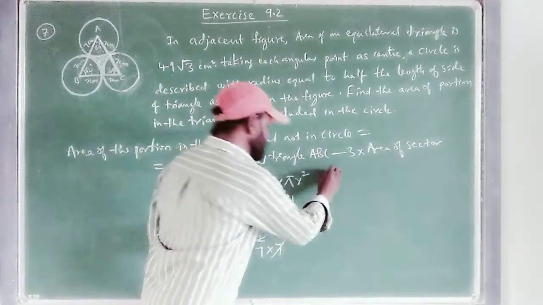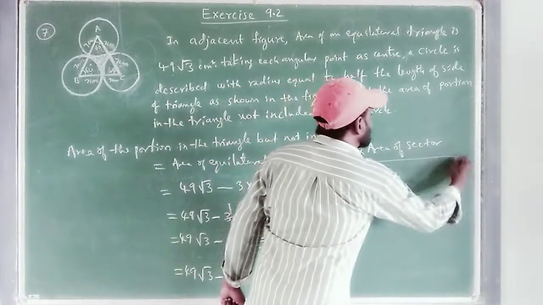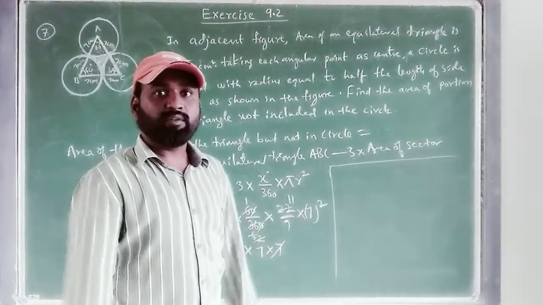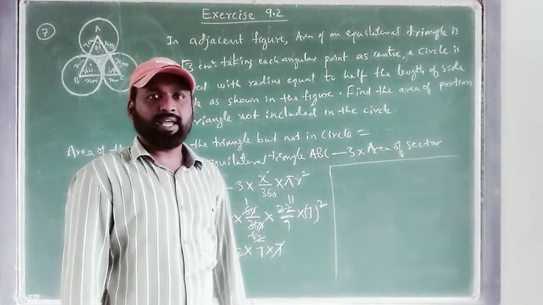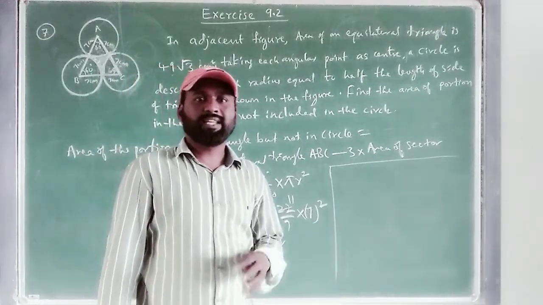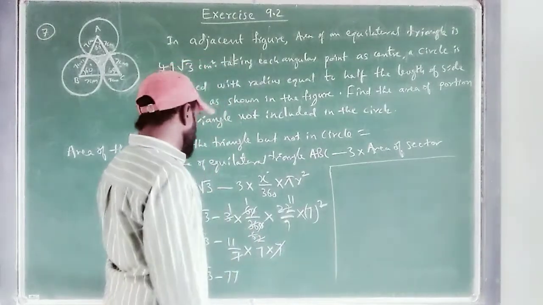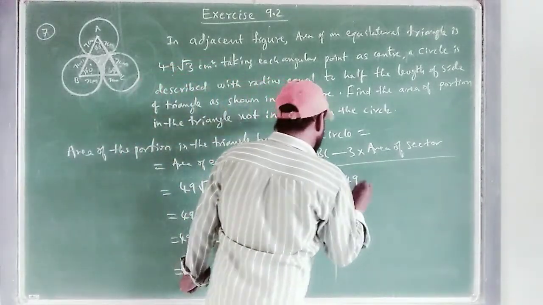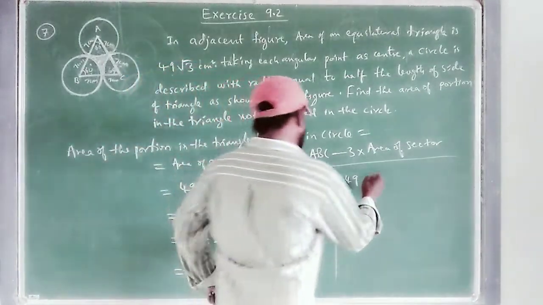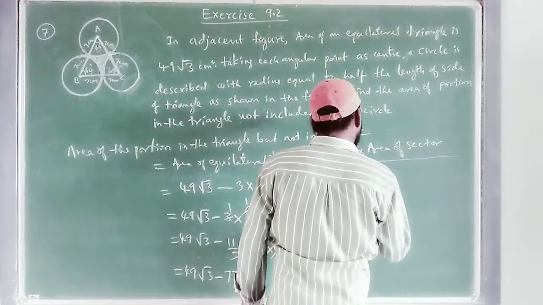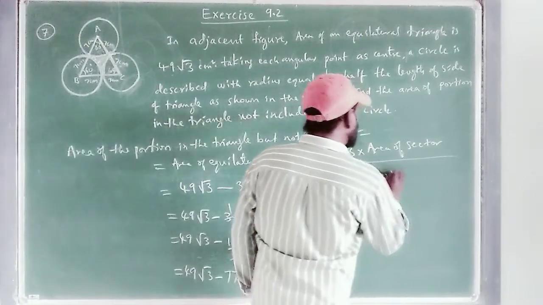We know √3 is an irrational number. The exact value of √3 we cannot identify, so approximately we take only 3 digits after the decimal point. We take the √3 value as 1.732. Remember it.